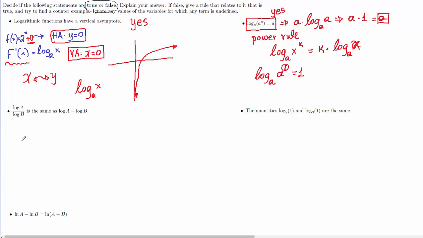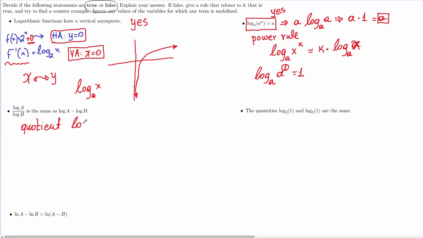Now, the next question that we have right here is log of a divided by log of b. Is it the same as log of a minus log of b? Let me remind you the quotient rule. Well, the quotient rule tells us the following thing.